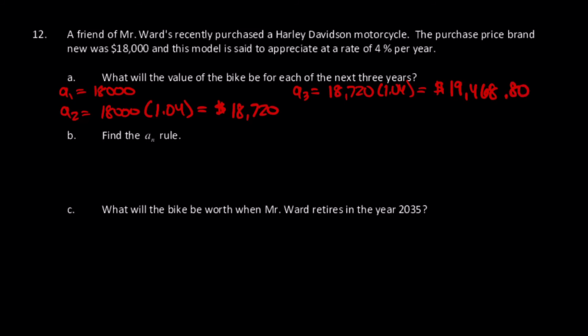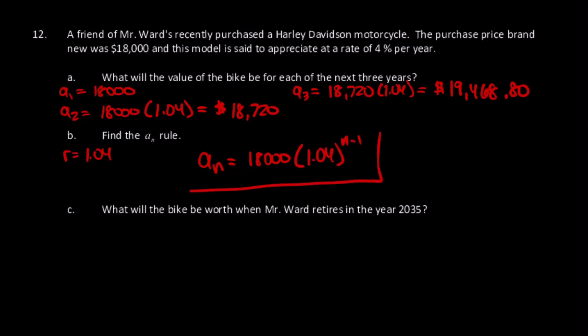So there it is for the next 3 years. Find the A sub n rule. Okay, so for the A sub n rule, I need A sub 1, which is clearly 18,000. I need r, which is 1.04. And my A sub n rule is going to be 18,000 times r, 1.04, to the n minus 1.